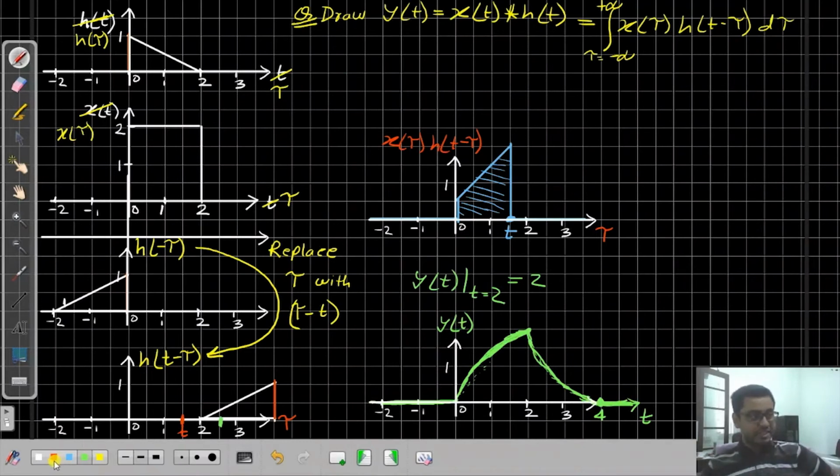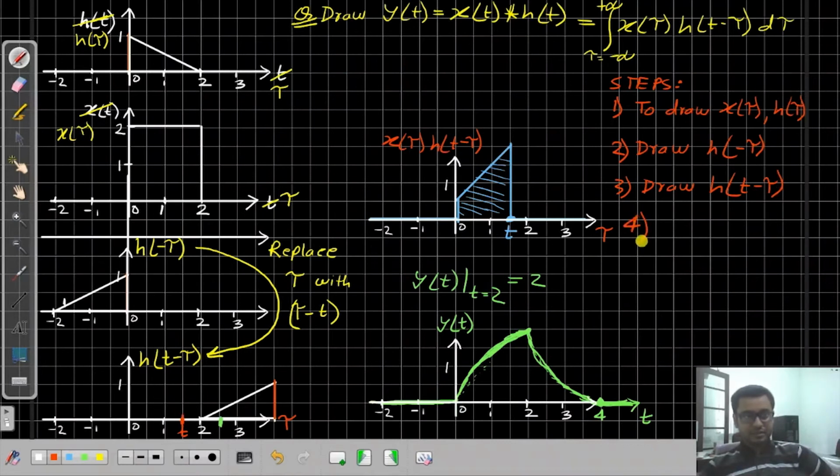This is the output pattern. Let me summarize these steps. Step 1, draw x(tau) and h(tau), which is done by simply replacing t with tau. Next, draw h(minus tau). Next, draw h(t minus tau). That is what we have done here.